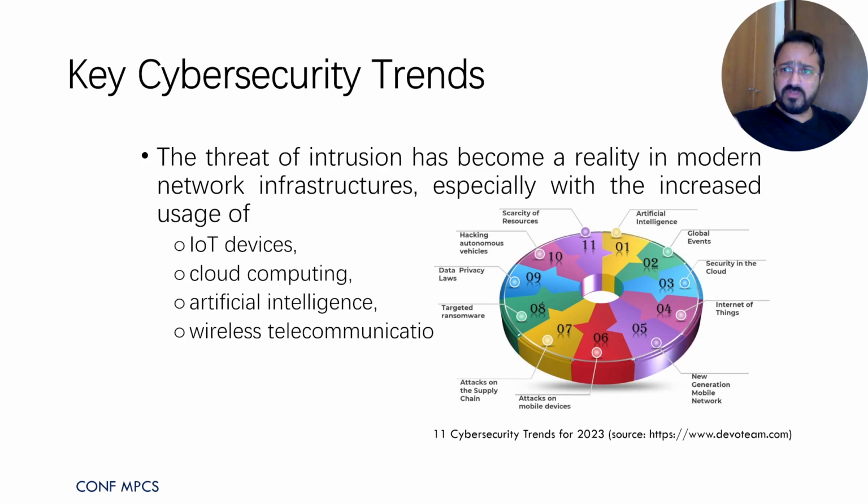All of these things come with the Internet of Things, with their own security issues that need to be addressed to prevent intrusion. That makes intrusion systems important as a first step of defense, because cybersecurity is not just one step of defense. You need multiple layers in order to be more efficient.